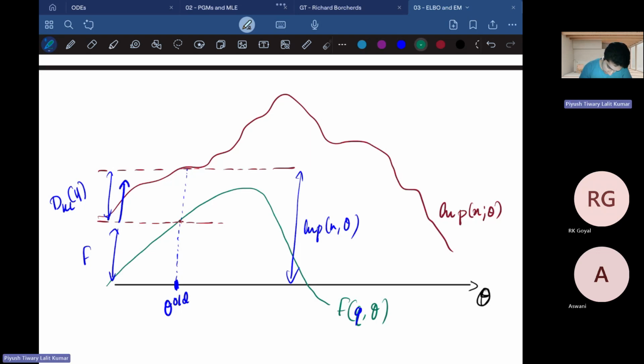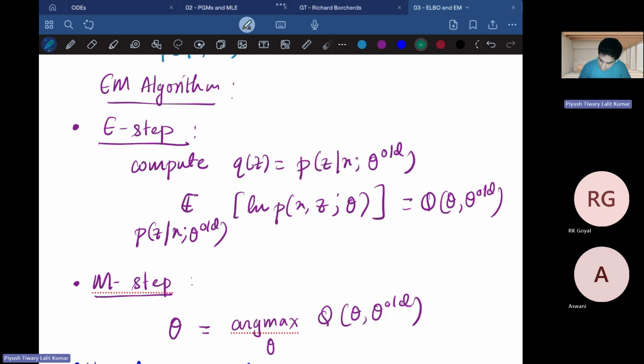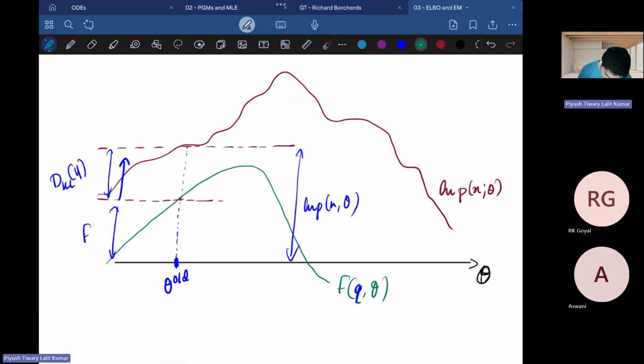You will say that Q is equal to this p of z given x, theta. That is when the KL divergence will become zero, and you will basically get a curve something like this. This is touching, let's say. I mean, I have made it touch.